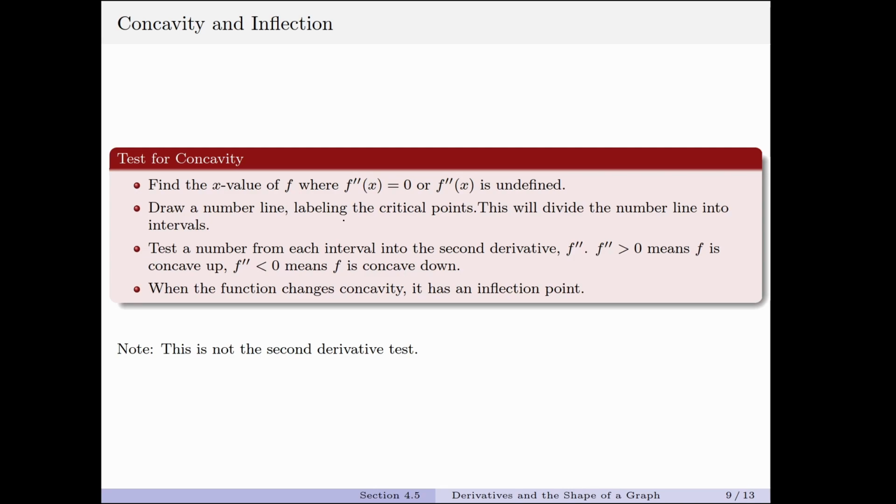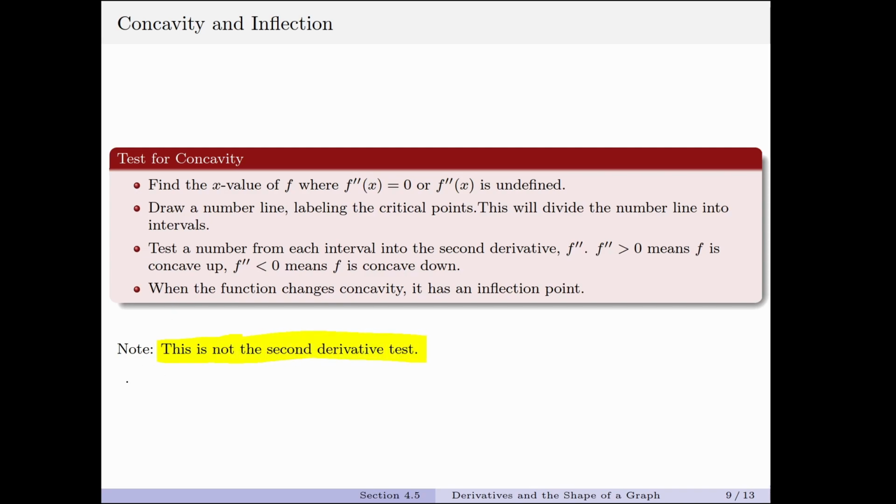We're going to draw a number line labeling those values, just like we did in the first derivative test. And then we're going to test numbers from each interval into the second derivative. So this test for concavity is very much like the first derivative test, except that we use the second derivative. However, this is not the second derivative test.